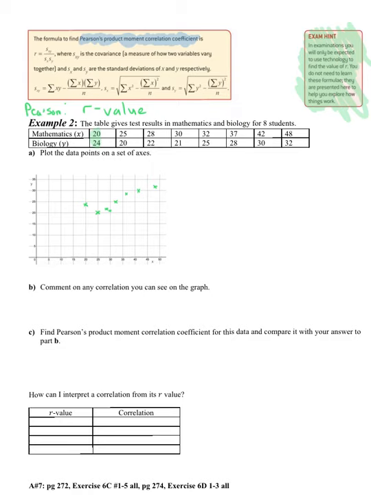Positive, linear, and moderate. Okay, any other guesses? Does anyone think it's strong instead of moderate? I said it was strong just because it looks like you can draw a line through it and there's only a couple outliers on the side, but I could be wrong.